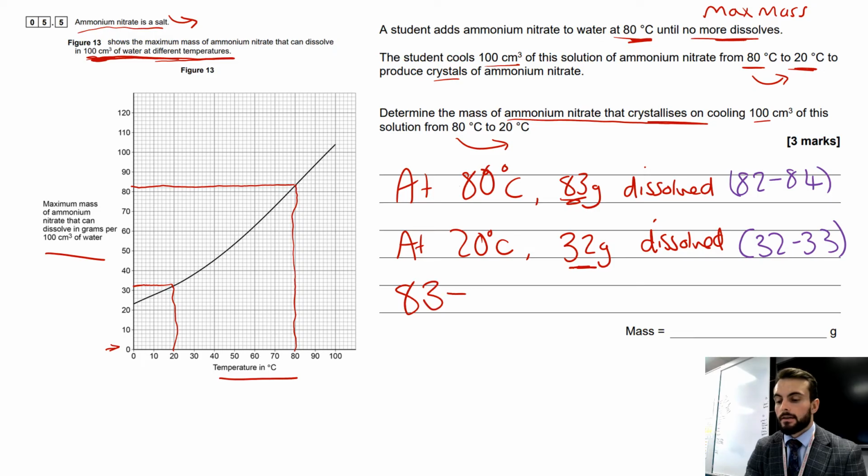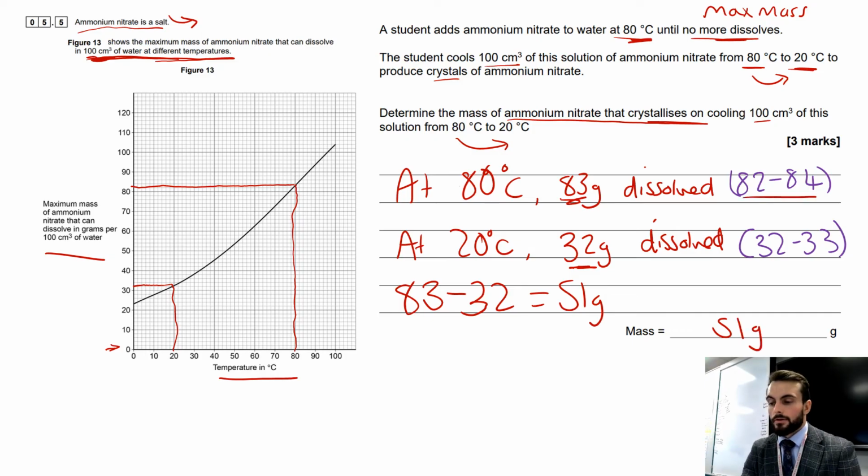So 83 take away 32 gives you 51 grams. For this question, if you mess up these numbers and you do 82 and then 33 for the other one, as long as you did the maths correctly at the end, you can still get the third mark. The maths has to be correct based on the numbers that you chose on your graph, but they have to be between these ranges of numbers.